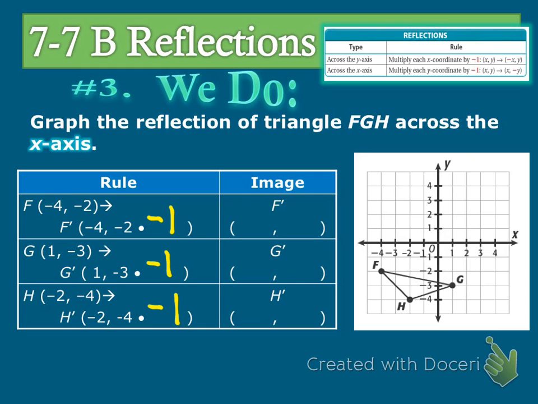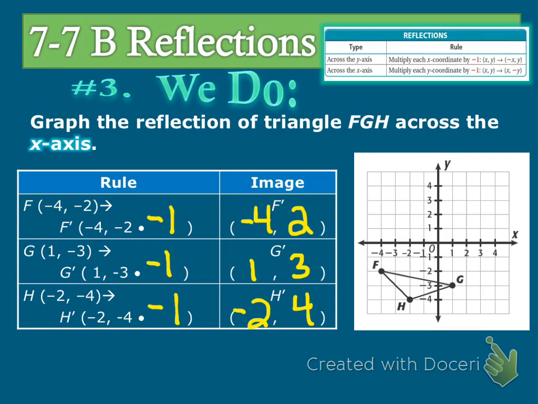So then I'm going to have negative 4, and a negative 2 times negative 1 is going to give me a positive 2. And then 1 and negative 3 times a negative 1 is going to be a positive 3. And this is going to be negative 2 and, again, a positive 4.